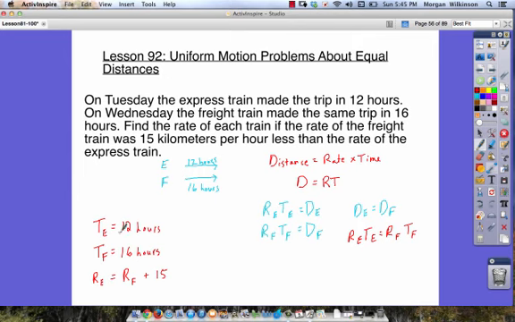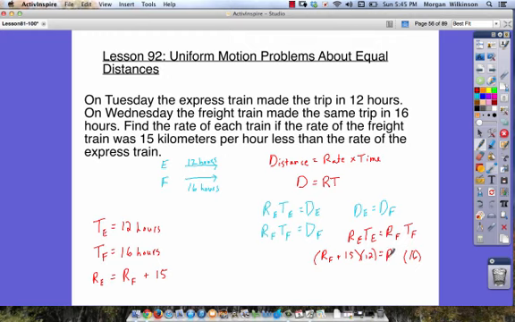Let's substitute values in. Time of the express train is 12 hours. Substitute in, please use parentheses. The rate of the express train here is the rate of the freight train plus 15. We'll put that in parentheses as well. The time of the freight train is 16 hours.